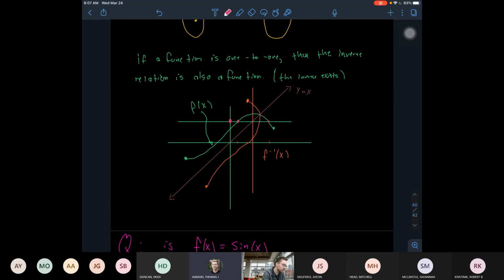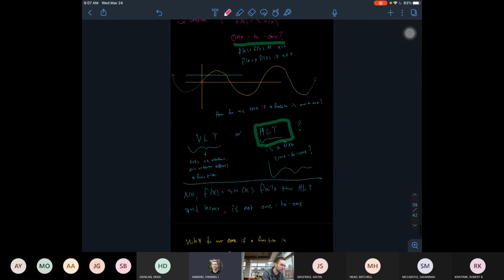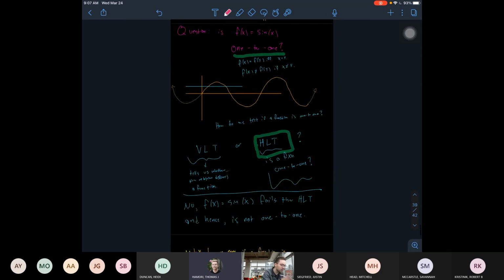Okay, so this has been a pretty comprehensive review of one-to-oneness and inverse functions. And the point of all this was to say that sine of x is not a one-to-one function. So how do we make sense of figuring out what an inverse function for this thing is?